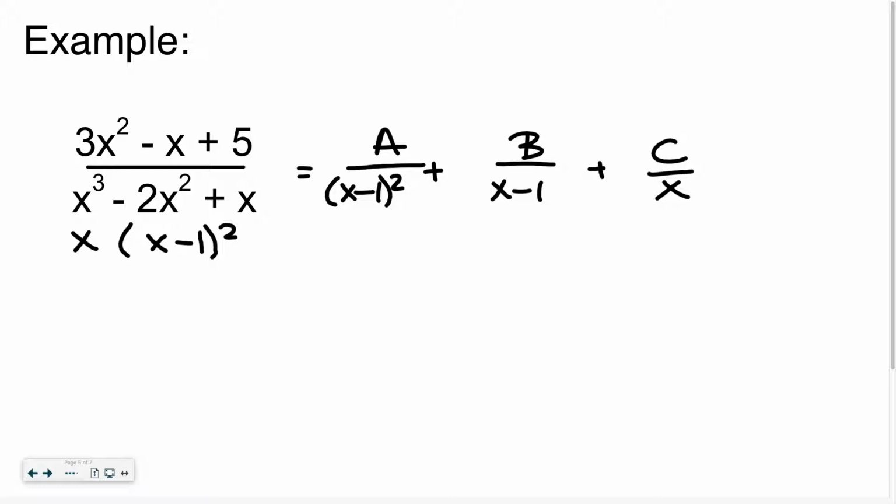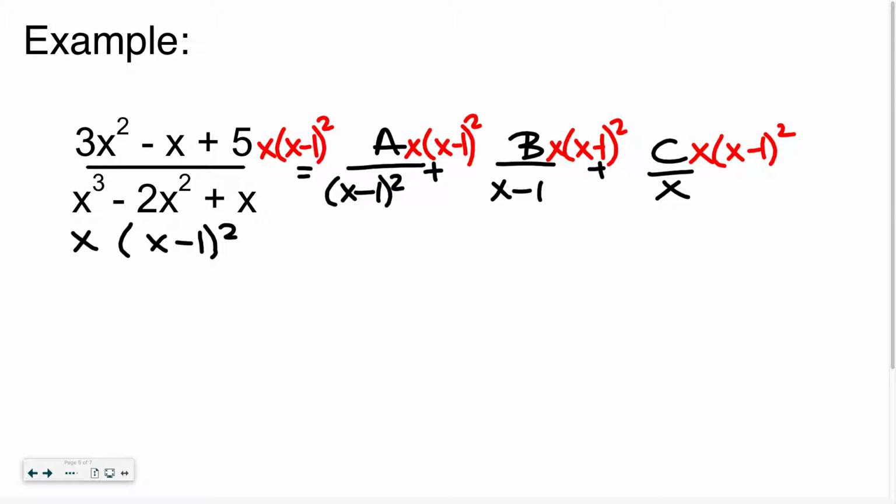So essentially what I'm saying is let me take the whole equation and multiply it by x times x minus 1 squared. I'm allowed to do that to a whole equation, right? Okay. But when I do that, I'm really distributing it to all the terms. So this is times x, x minus 1 squared, times x, x minus 1 squared, times x, x minus 1 squared, times x, x minus 1 squared.